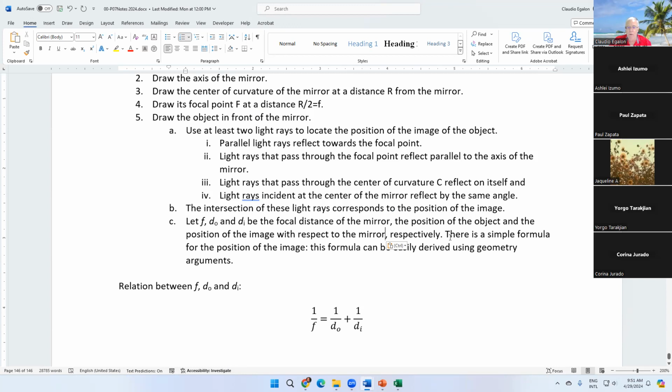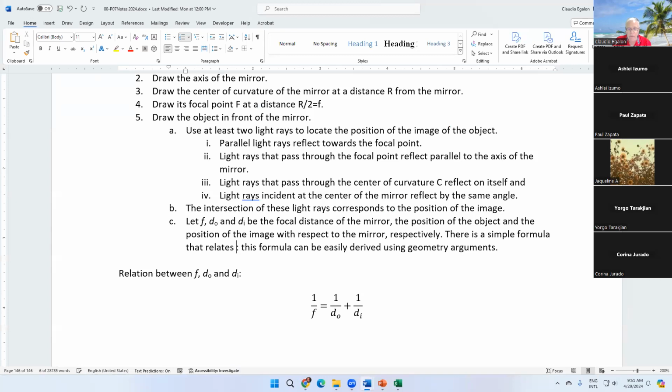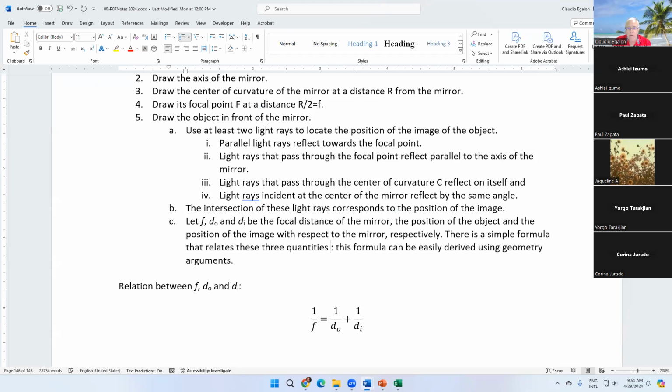There is a simple formula that relates these three quantities, which can be derived using geometry arguments. I'm not going to derive it here. And the equation is like that.